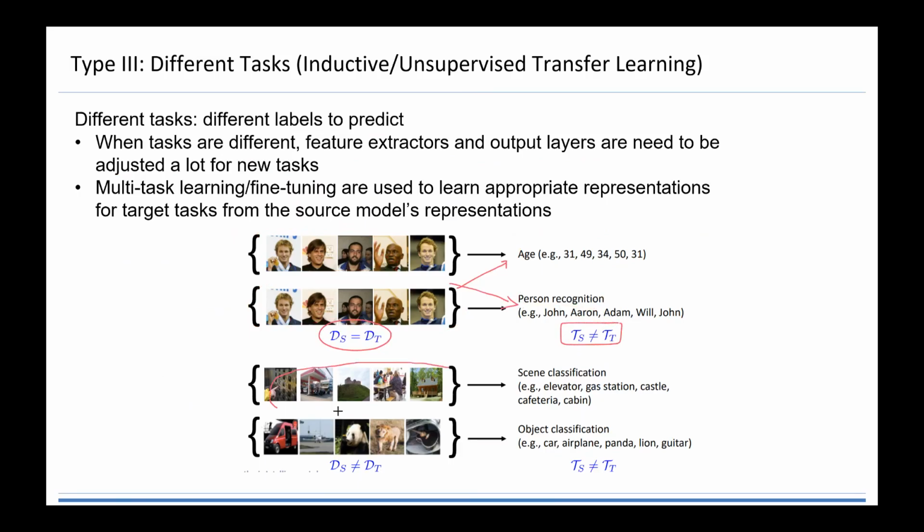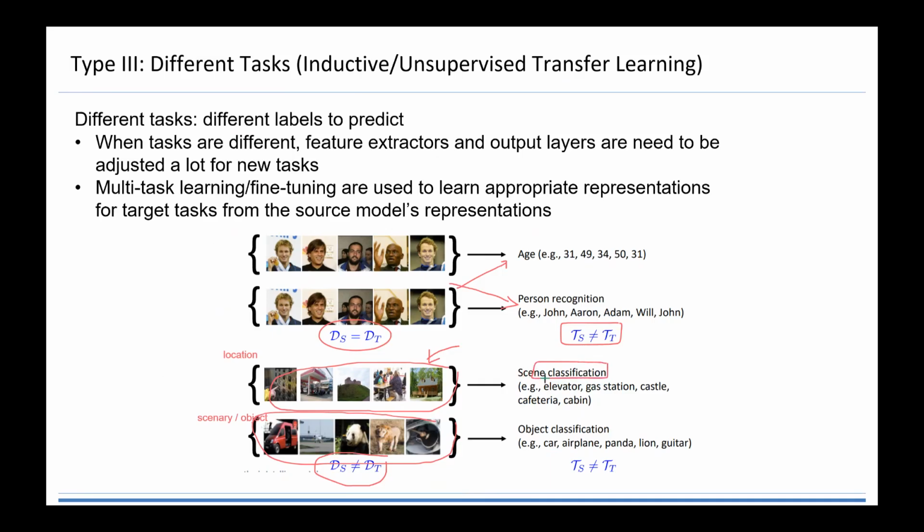The second example, we have pictures, but the pictures are in a totally different domain. So maybe this is a picture about location. Many pictures are related to location, but the other pictures are more about scenery or objects. The first task is scene classification.